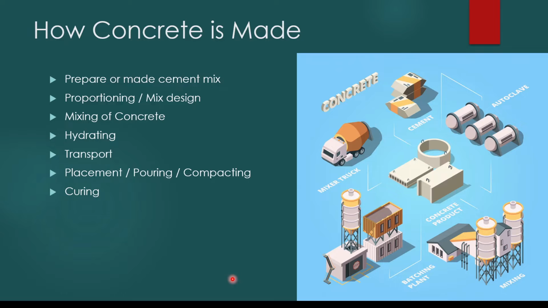Volume batching is a method we use to proportion the volumes. For example, for a cement bag, how much sand volume, how much coarse aggregate volume, how much water. Based on the volume we can do the mixing.